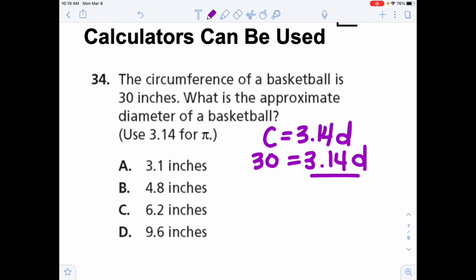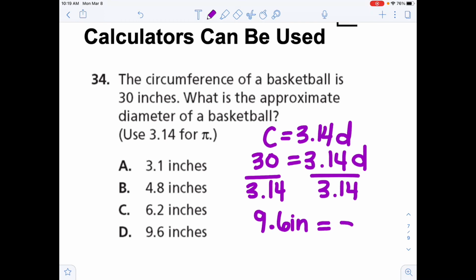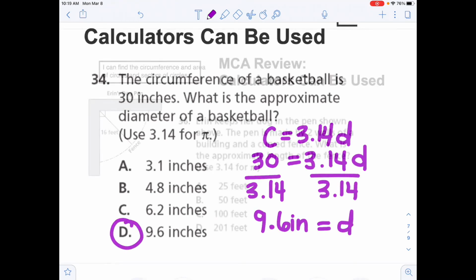To get diameter by itself, I'm going to divide both sides by 3.14. And I get 9.55414, and it says, what is the approximate? So we're going to round that to about 9.6 inches is the diameter. So our answer would be letter D.